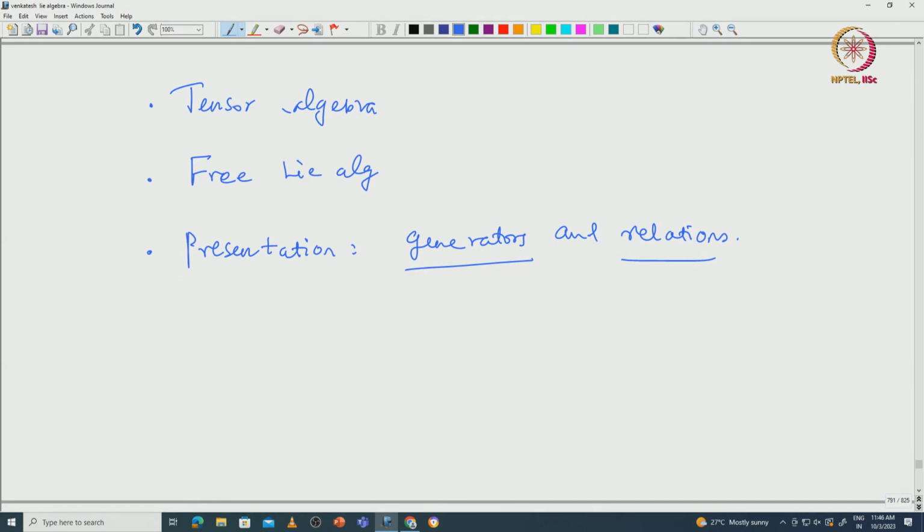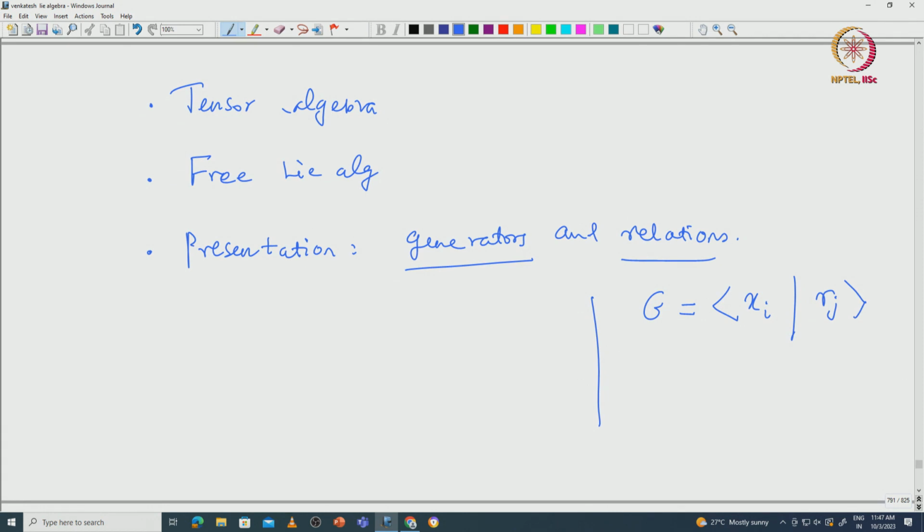The way you do it in group theory, you start with the group G, and you want to say that this group is generated by some symbols xi modulo some relations rj. What is the meaning of this?